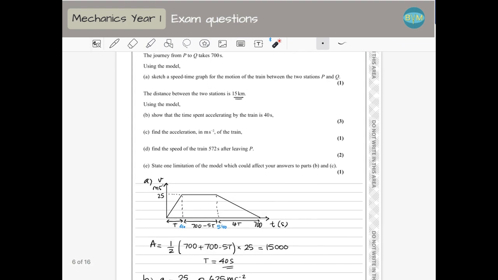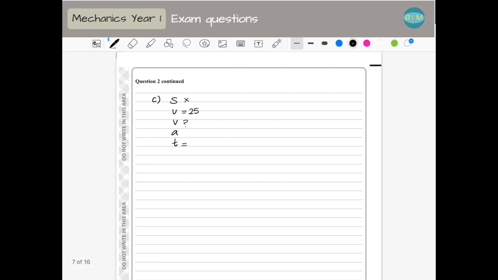We are talking about 540 up to 572, this motion here, not the whole thing, because the whole thing is not constant acceleration. So I'm talking from here to here. It's 572 minus 540, so 32 seconds is my time, the time that passed where it's decelerating.